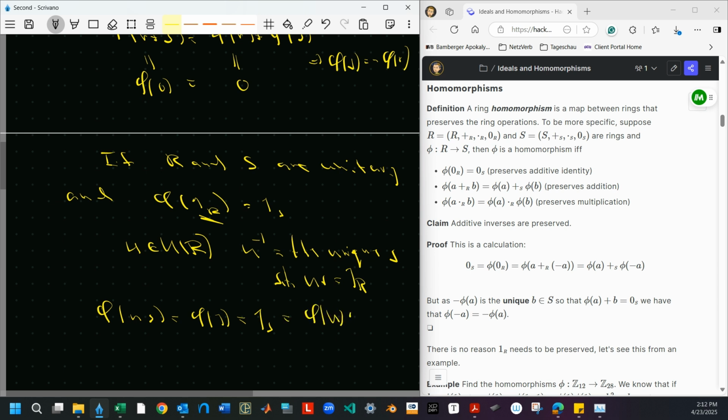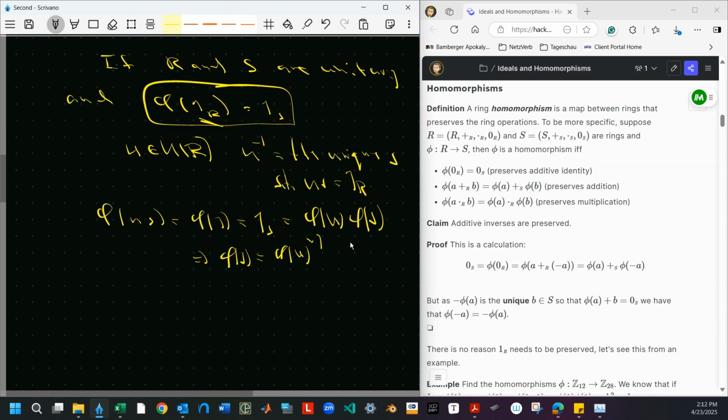That's because products are preserved, right? But this tells me then that phi of s is equal to phi of u inverse. Again, just using the fact that inverses are unique. So as long as I preserve the multiplicative identity, I automatically preserve inverses, and as long as I preserve the additive identity, I automatically preserve additive inverses, right? Those are important things to remember.